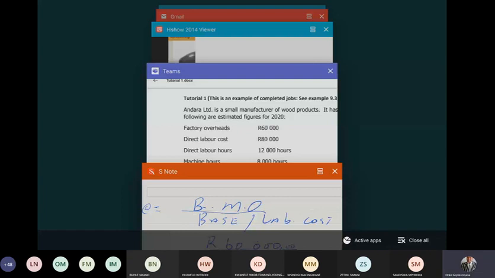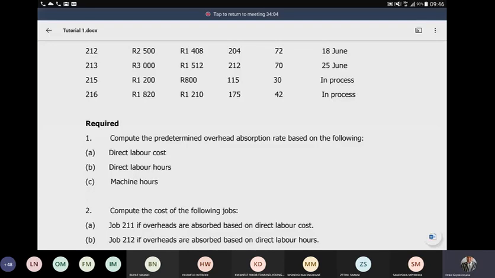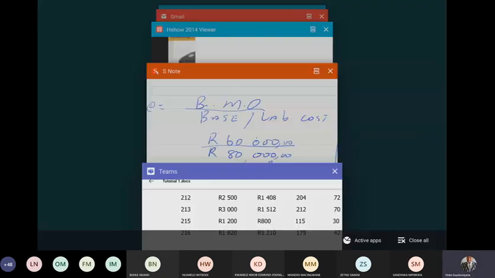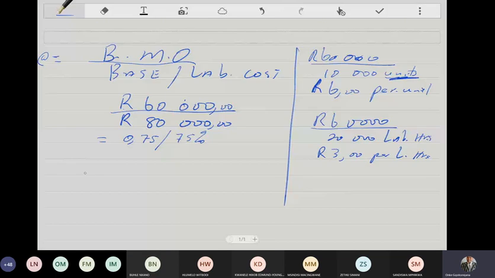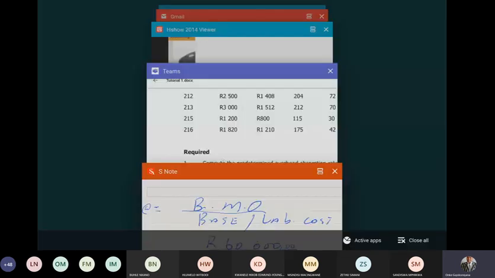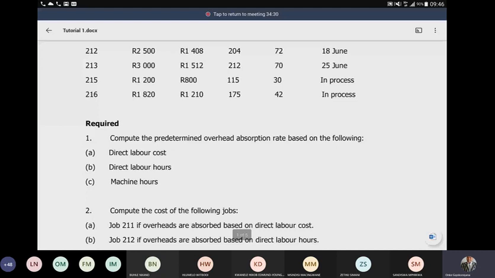Let's come back, guys, and this is just a revision. For the second one, they say let's use the labor hours. So once again, we've got the same formula for the overhead absorption rate. It's the same amount because your budgeted manufacturing overheads doesn't change. But what we're going to change now is the base, because we're no longer basing on the labor cost but on the labor hours.